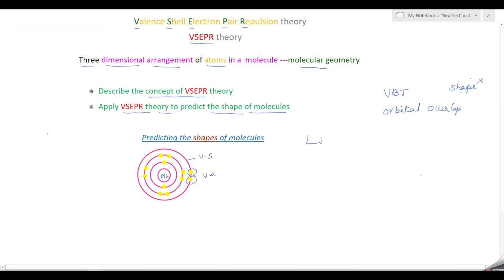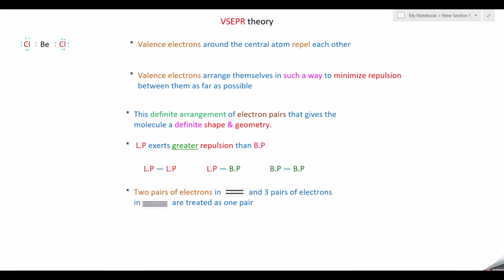Then we have studied the Lewis dot structure, which is a short notation of the distribution of valence electrons around the atoms. For example, you take beryllium chloride.